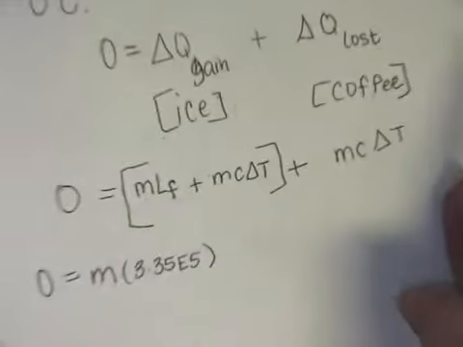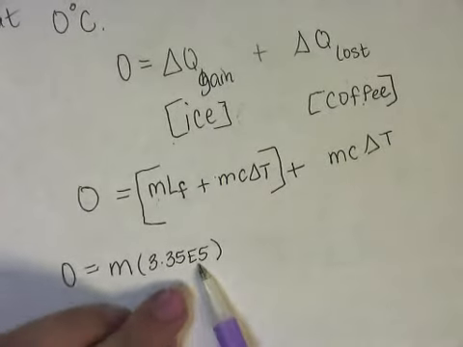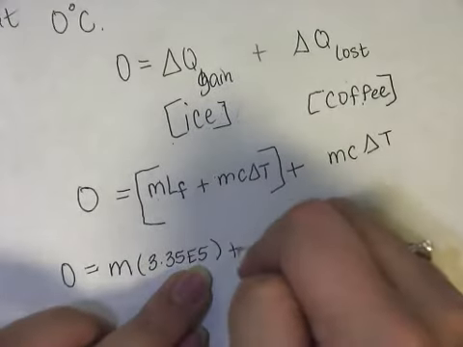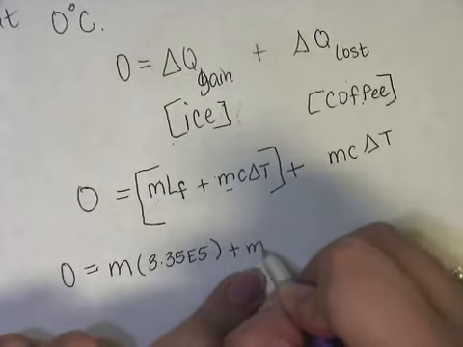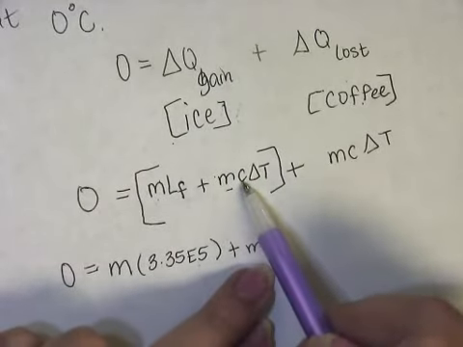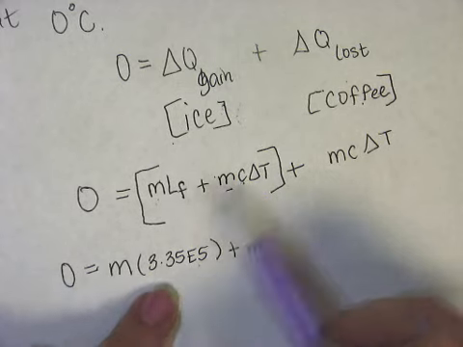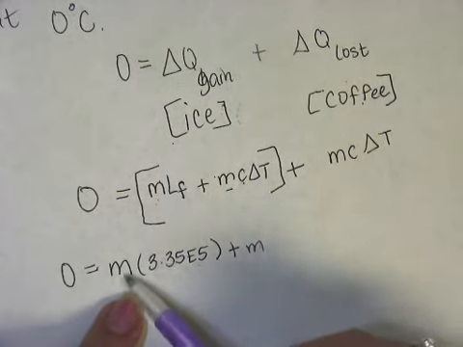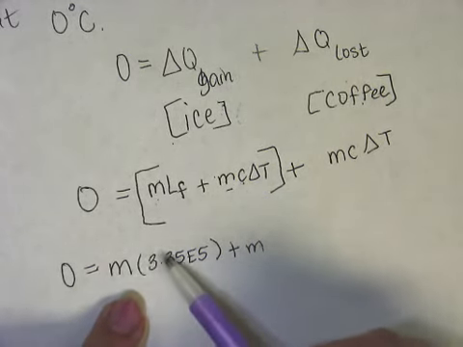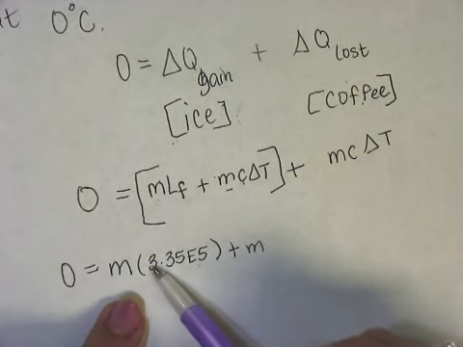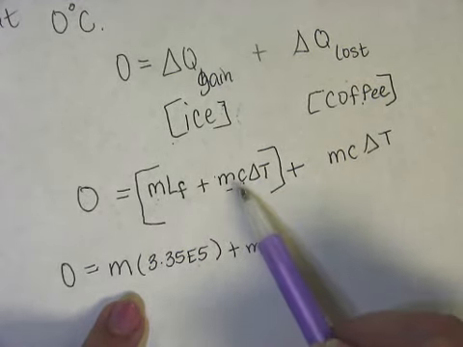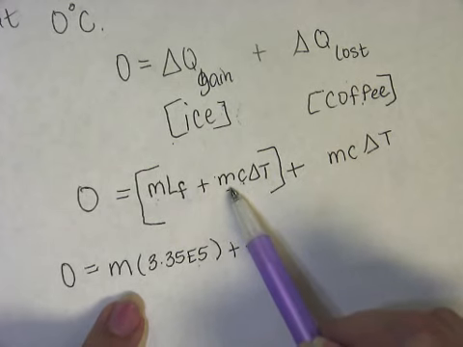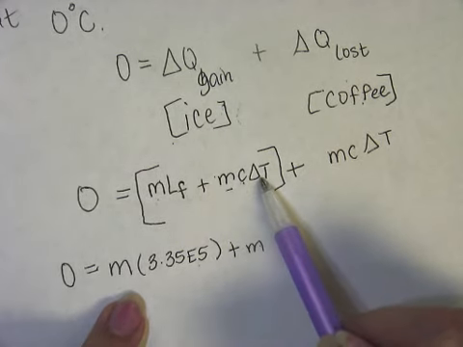Going back to our problem, we've got mass times the latent heat of fusion for water, plus, once again, the mass of the ice, which is what we're looking for, multiplied by the specific heat. Now, here's where it could get a little tricky. Once we've put in this energy, we have changed the ice into liquid water. So when we are calculating this temperature change, it is of the liquid water, not ice.